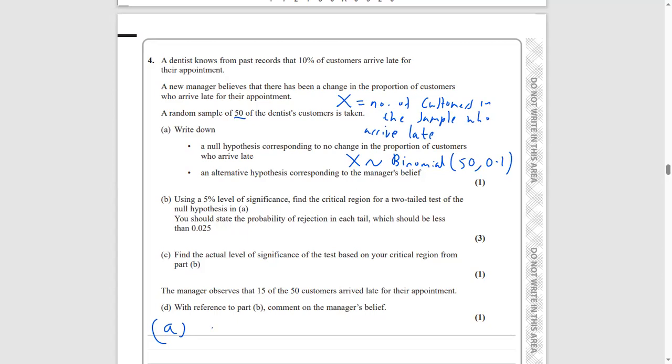Remember with these hypothesis testing questions, it's good to always define your variables. So always give a definition for every new letter that you introduce. So I'm going to call P the proportion of customers who arrive late to the dentist.